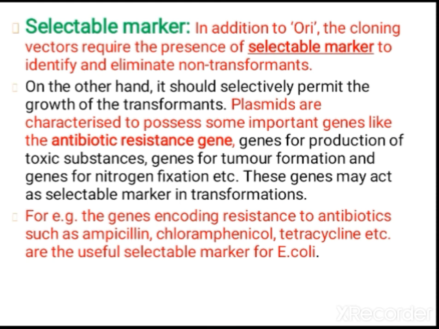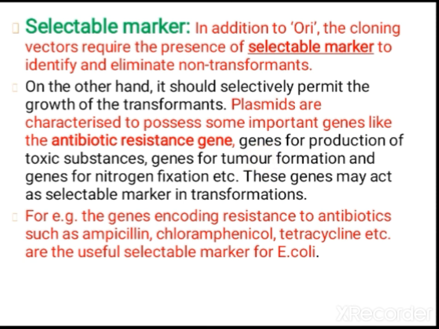Just as you highlight with a marker while you are studying, and then easily you can identify the points, the same way here we are using some marker. What type of marker can be used? Here we are using an antibiotic resistance gene as marker.